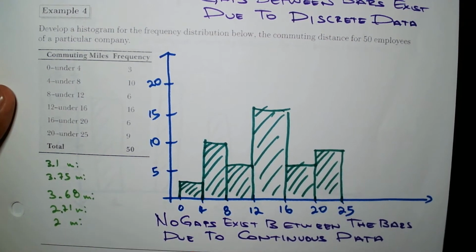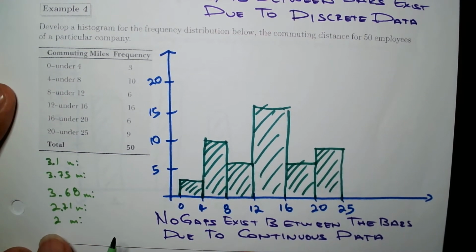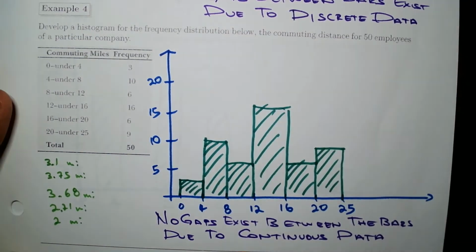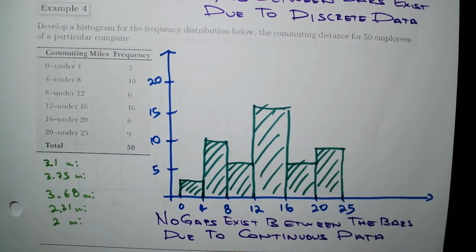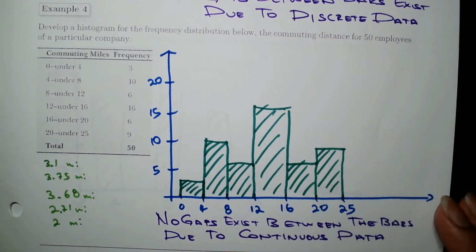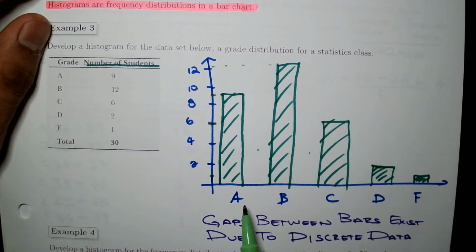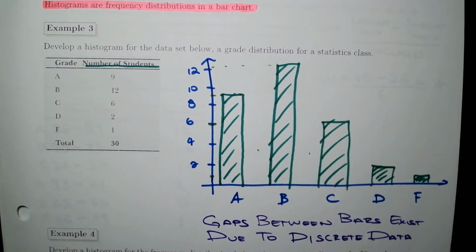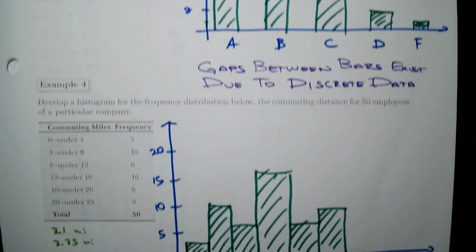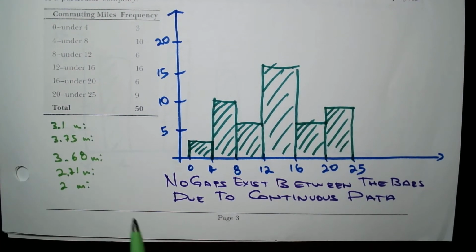Yes, this is an integer, but you could think it's discrete, but it's distance. A distance can have decimals. It's not like in the grades. A letter grade is just A, B, C, D, and F. There's no such thing as 8.5 or 8.73. This is discrete data, and this is continuous data.